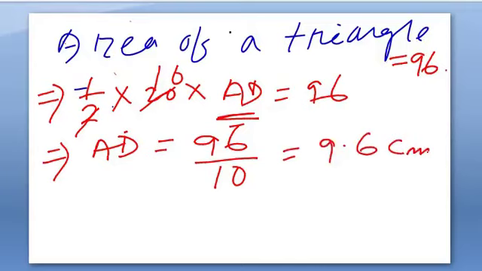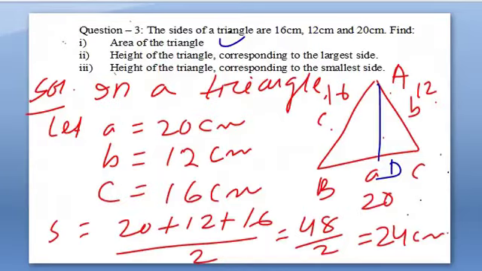Next question: part 2 we did, now part 3 is given. Find the height of the triangle corresponding to the smallest side. Smallest side means this one.